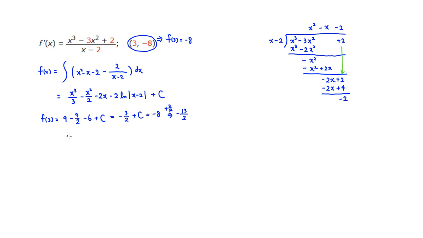Therefore, the complete formula for f of x is x cubed over 3 minus x squared over 2 minus 2x minus 2 natural log of absolute value of x minus 2 minus 13 over 2. So let's type it in.